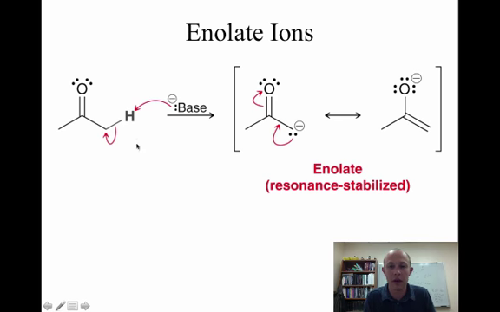And as you can see, this would be really useful, because we have a negative charge on carbon, and so we've formed a nucleophilic source of carbon that we can use in reactions with electrophiles to make useful compounds. So this is called the enolate ion when we deprotonate a ketone or an aldehyde at this alpha position.